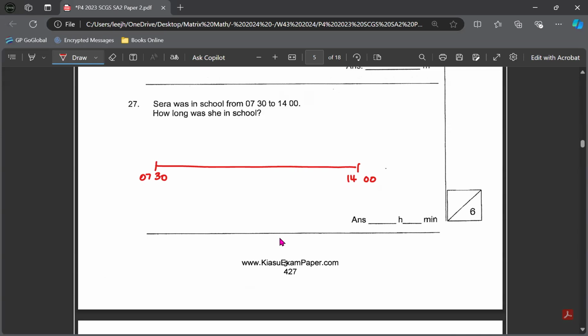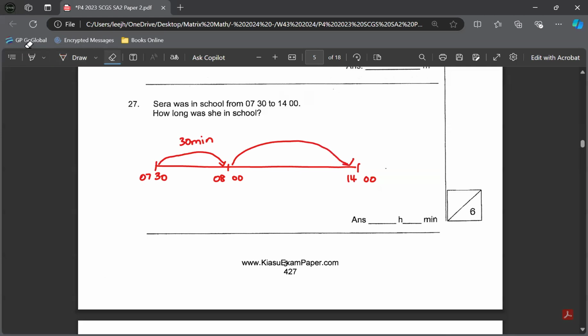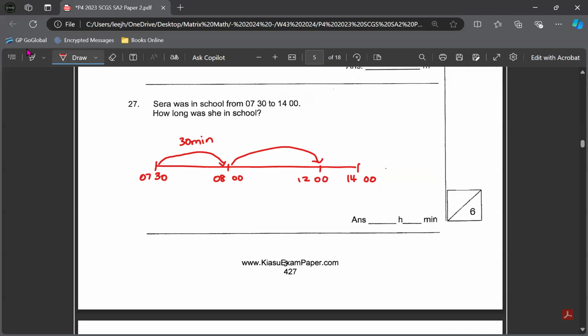So we can actually see 7:30, you calculate to the nearest hour after 7, which is 0800, right? 0800. This is 30 minutes. But from 8 till 14, if you don't want to do so long, you can actually do it to the 12 o'clock mark, which is 12 p.m. 8 to 12, 4 hours. 12 to 2, it is another 2 hours.